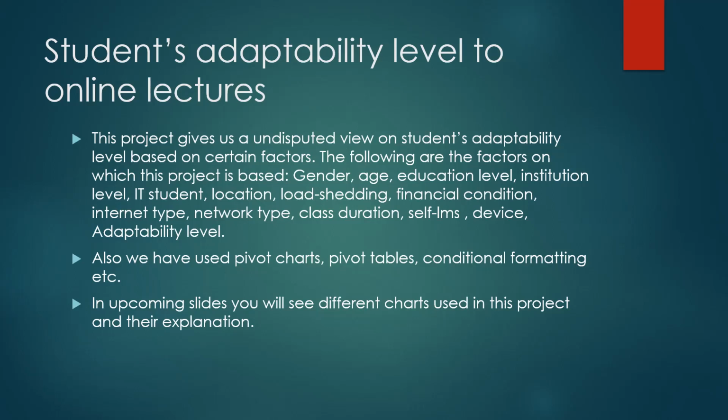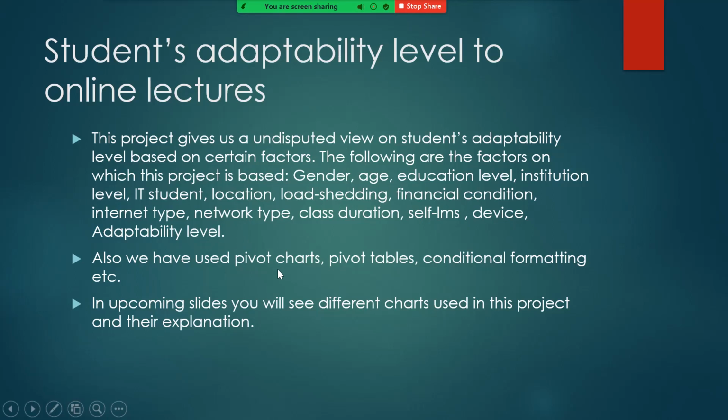So what are the factors affecting it? The factors are gender, age, education level, institution level, IT student, location, load shedding, financial condition, internet type, network type, class duration, self LMS, device, and adaptability, and all these factors determine the adaptability of a student.